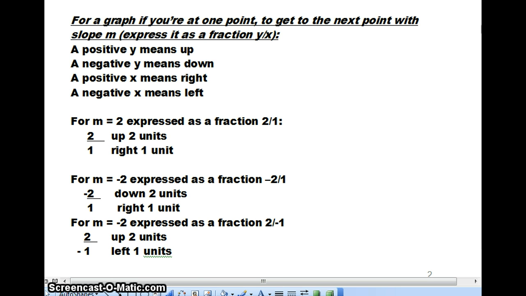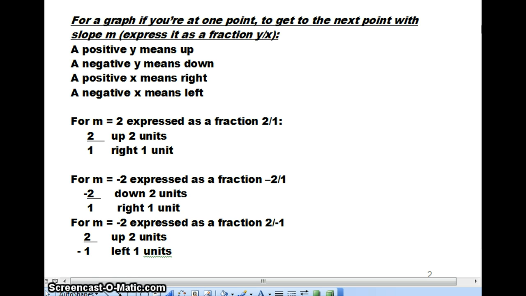A negative y means you go down. A positive x means you go right, and a negative x means you go left. This is very intuitive because we always think of going up as being positive, going down as being negative, and we've been used to graphing on a single line where x going to the right was a positive number and x going to the left was a negative number.